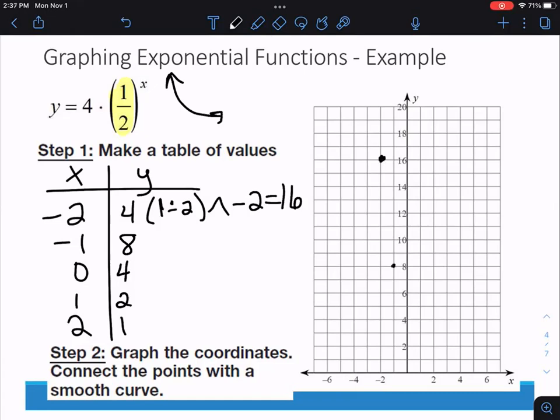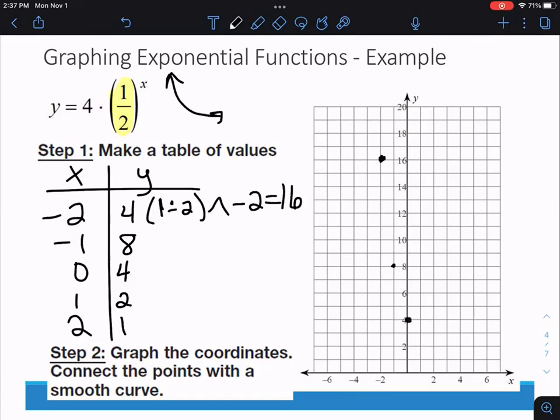It's going to give me that point there. Then I'm going to graph the ordered pair 0, 4.